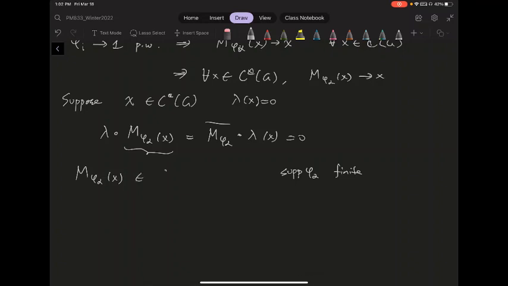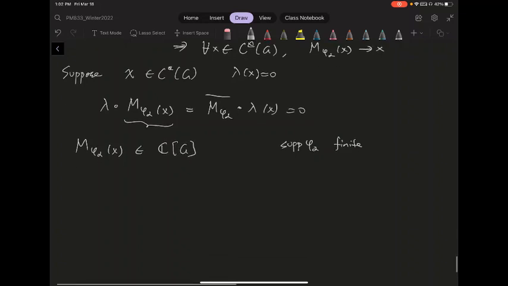So this one is actually inside the group algebra C of G, and because it's in C of G, and lambda is injective on the group algebra, automatically I have that M phi alpha of x has to be equal to 0.